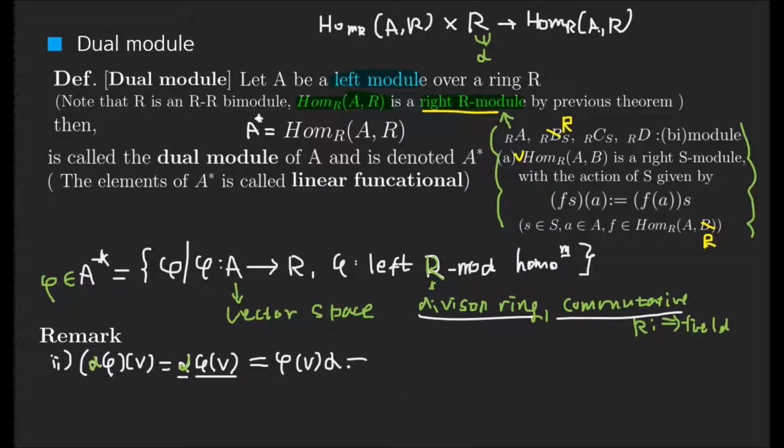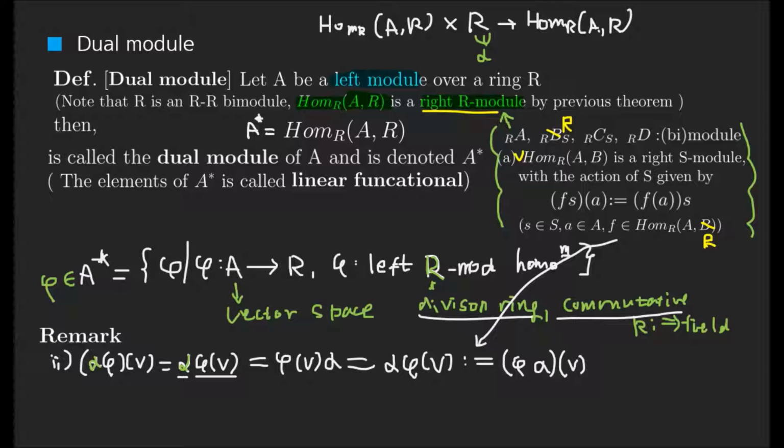Note that this property holds, to begin with, because the commutative relations hold, and then by this we can say this is alpha phi of v. In this case, by using this, this is alpha phi of v. There is no problem.